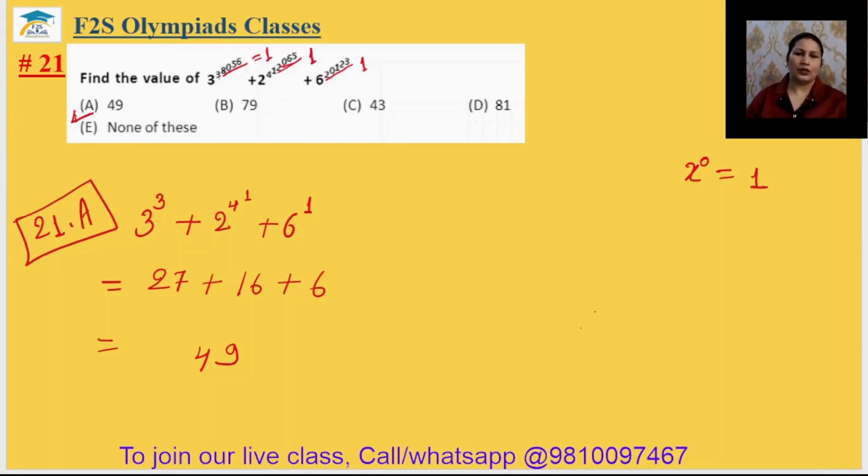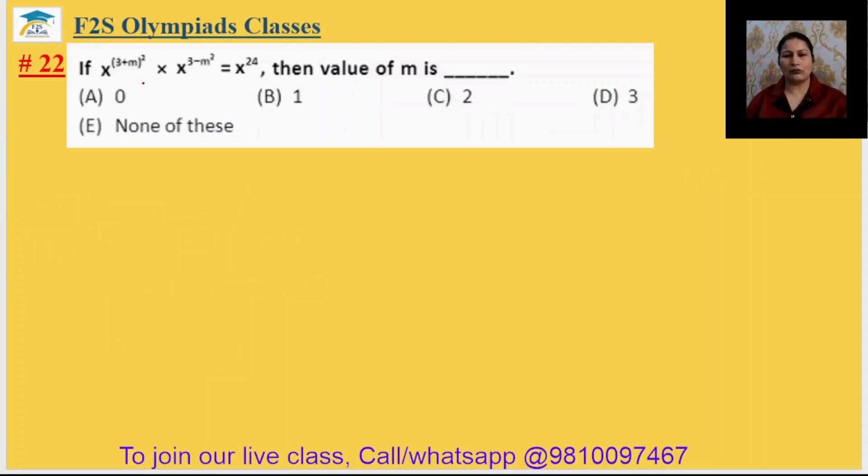Okay. Question number 22. x to the power 3 plus m, whole square, multiplied by x to the power 3 minus m square, is equal to this. Find the value of m.